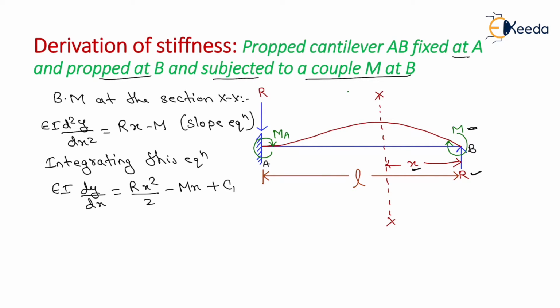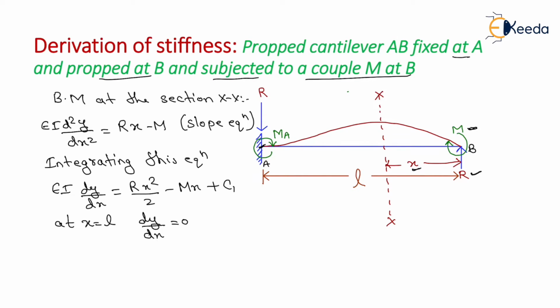C1 is a constant. Now we know that the boundary condition of this beam at x equals to small l, it means that at point A dy by dx is equals to 0 because of the fixed support. Rotation will be 0 at A.